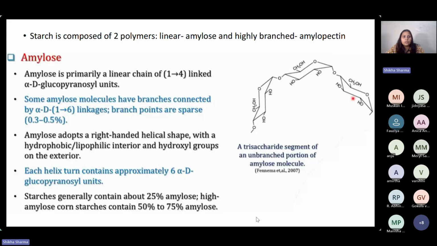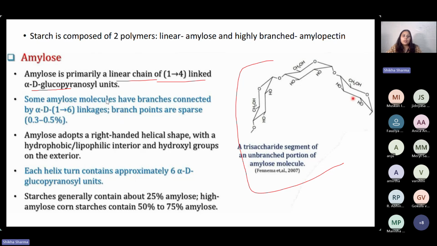So basically we discussed that starch is composed of two polymers, linear amylose and highly branched amylopectin. Amylose is basically a linear chain of 1,4 linked alpha D glucopyranosyl units. And here we can see this is the amylose molecule.